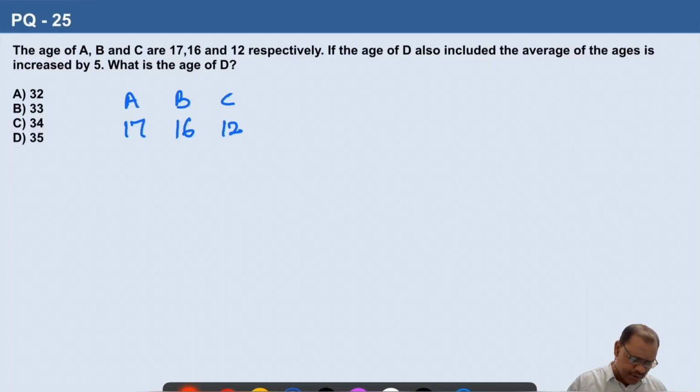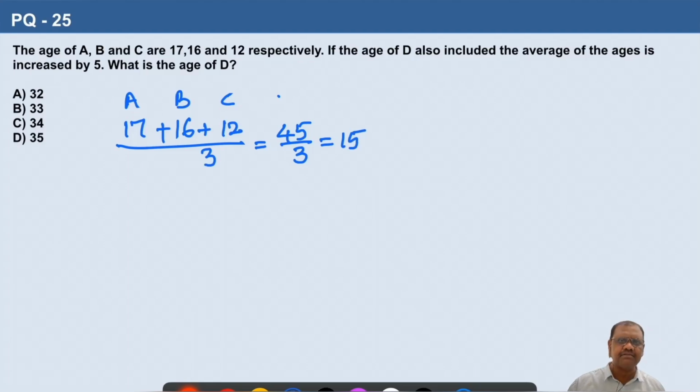So, D we don't know. So, let us find out the average of all these three. Average is 17 plus 16, 33. 17 plus 16 is 33, plus 12 is 45, divided by 3 is 15. So, average is 15.